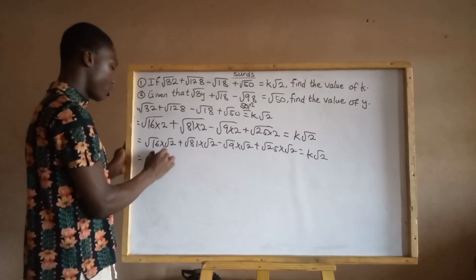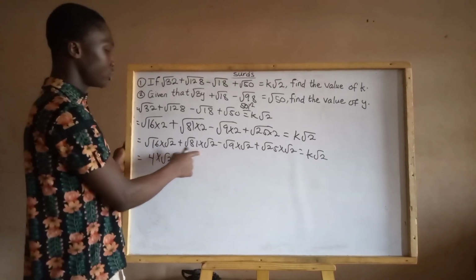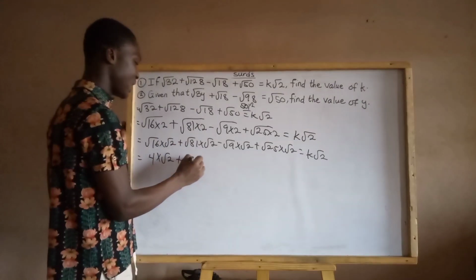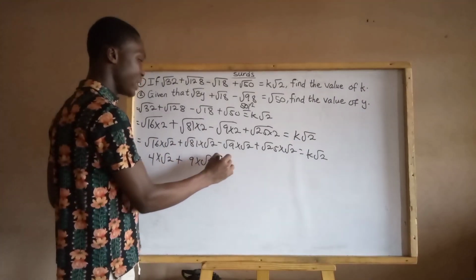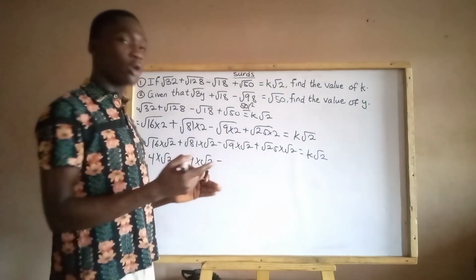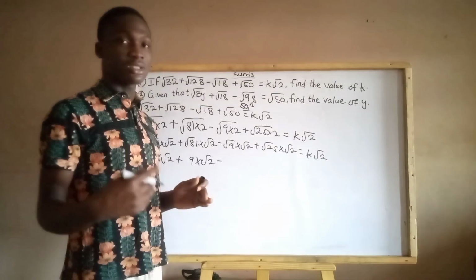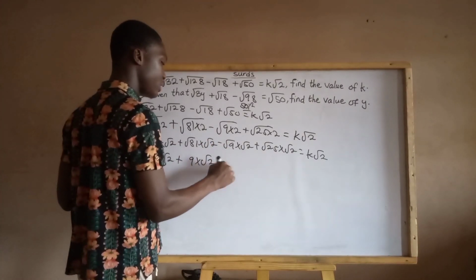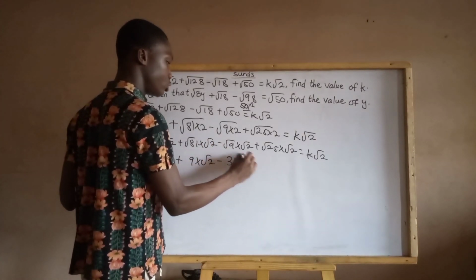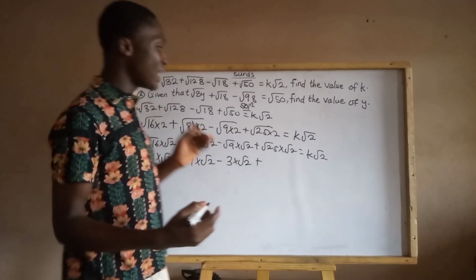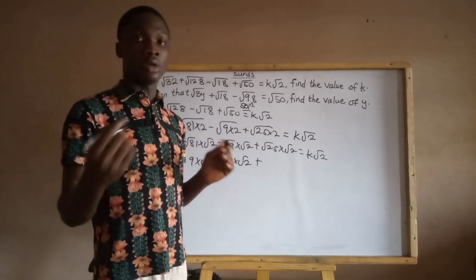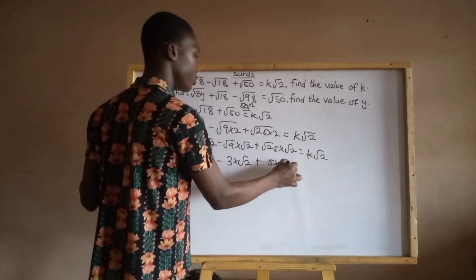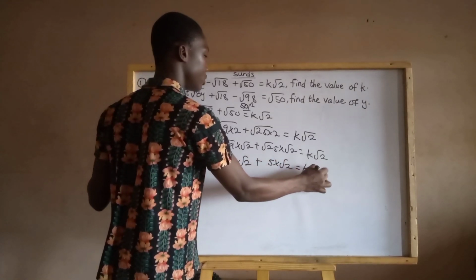So this 4 will multiply root of 2, plus root of 64: 8 times 8 gives 64, so it means that root of 64 is 8, times root 2, minus root of 9. Root of 9 also means that 3 times 3 multiplies itself to give 9. So root of 9 is 3. So we have 3 times root 2 plus root of 25. The number that multiplies itself to give 25 is 5. So we have 5 times root 2 is equal to k root 2.